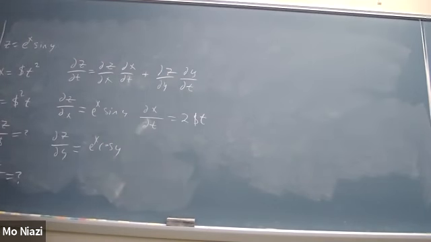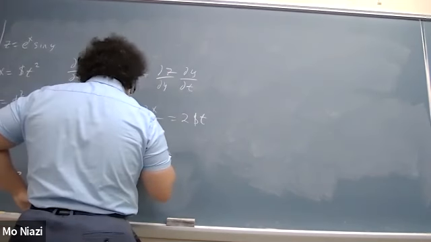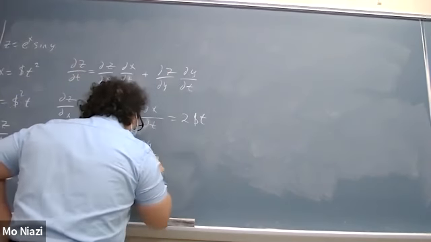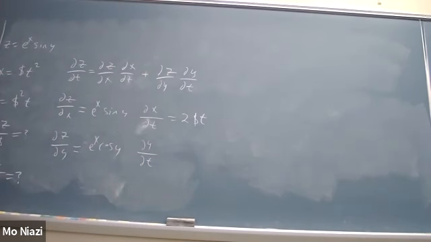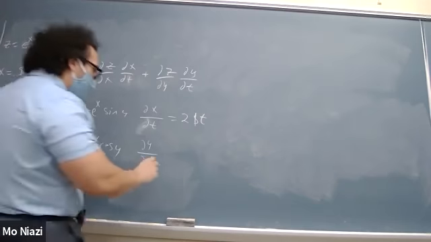We don't write that. We omit it. And then we say partial y, partial t. That's partial t of this, which is just s squared.